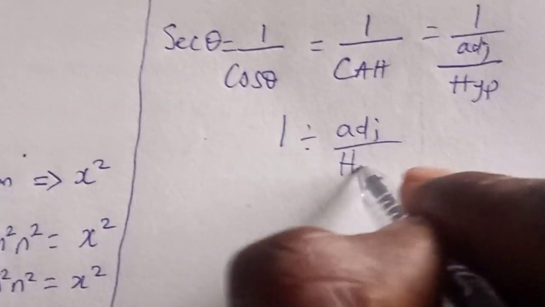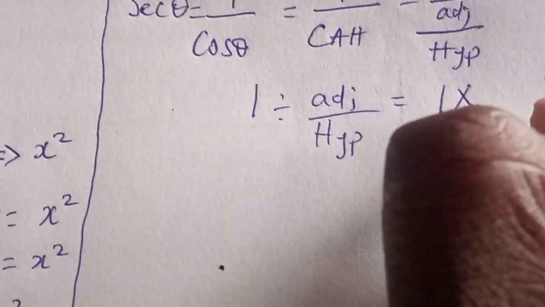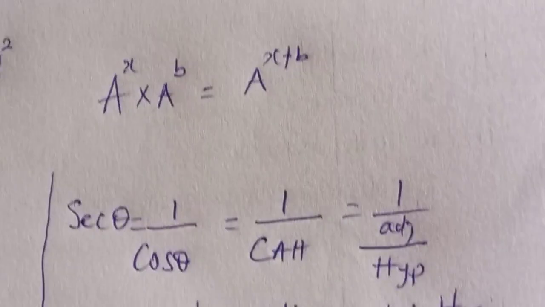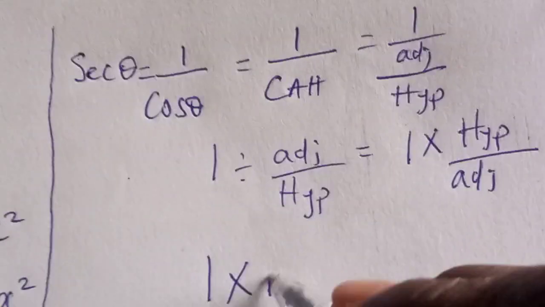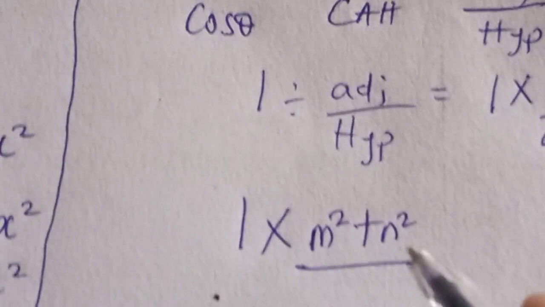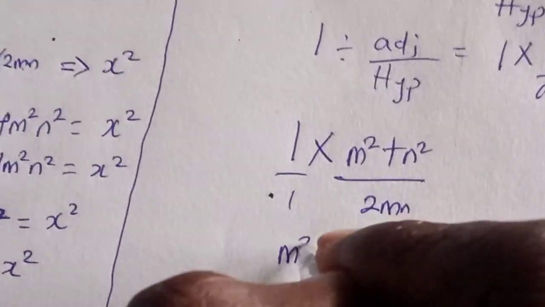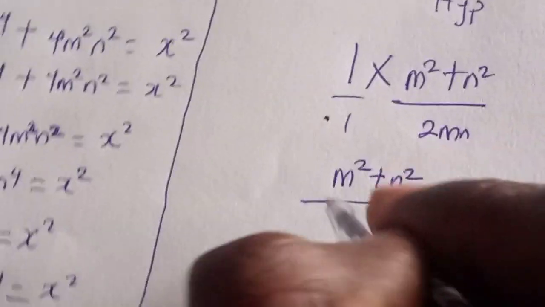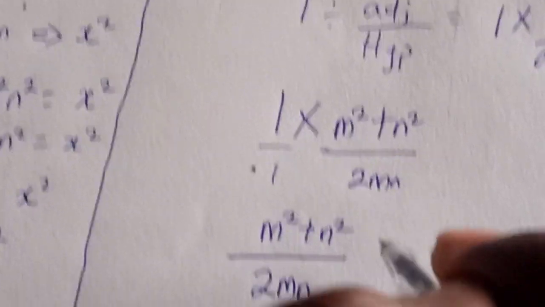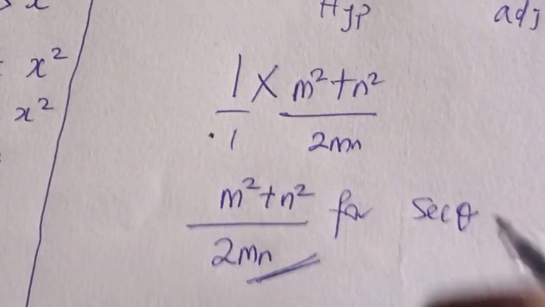So 1 divided by adjacent over hypotenuse equals 1 times the reciprocal of adjacent over hypotenuse, which is hypotenuse over adjacent. The hypotenuse is m squared plus n squared, and the adjacent is 2mn. So 1 times (m² plus n²) over 2mn gives us (m² plus n²) over 2mn. That's the final answer for sec theta in the question.